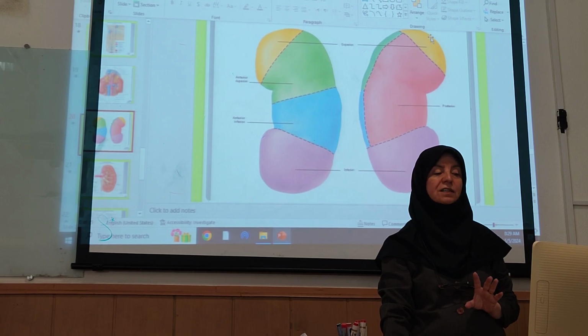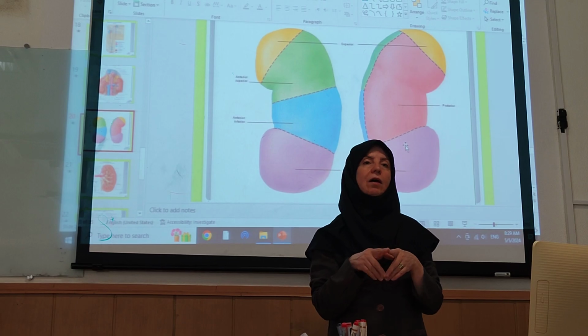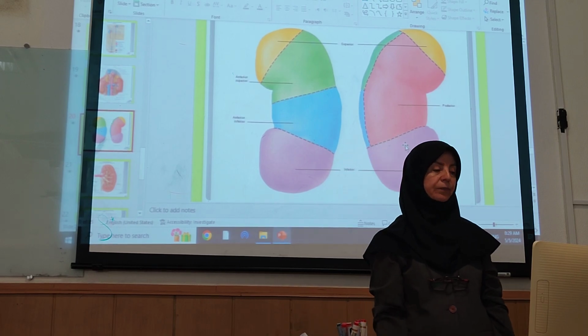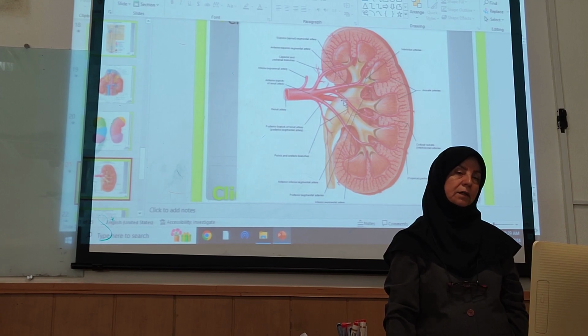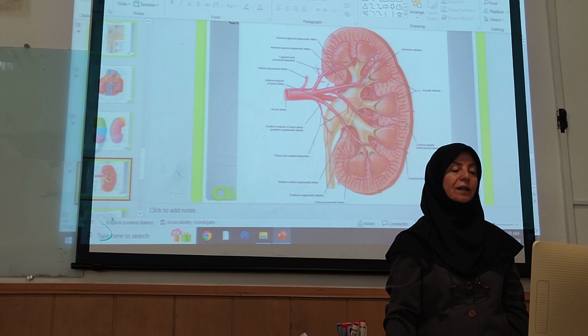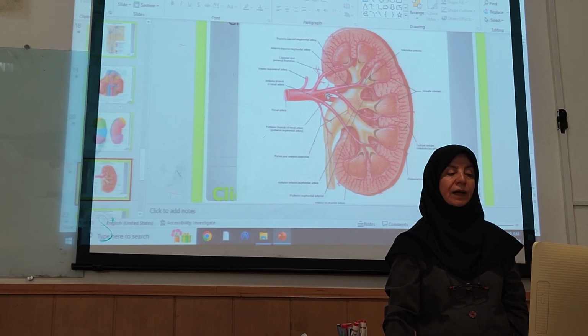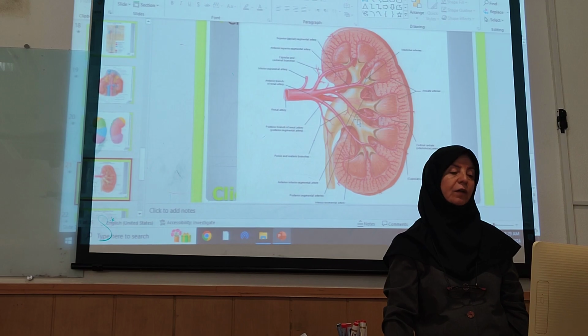And none of these arteries are going to anastomose with each other because they are end arteries. And here again, it is going to remind you that this branch is going to supply the superior segment, this branch is going to supply the inferior segment, these go to the anterior superior and anterior inferior, and this is the posterior branch.